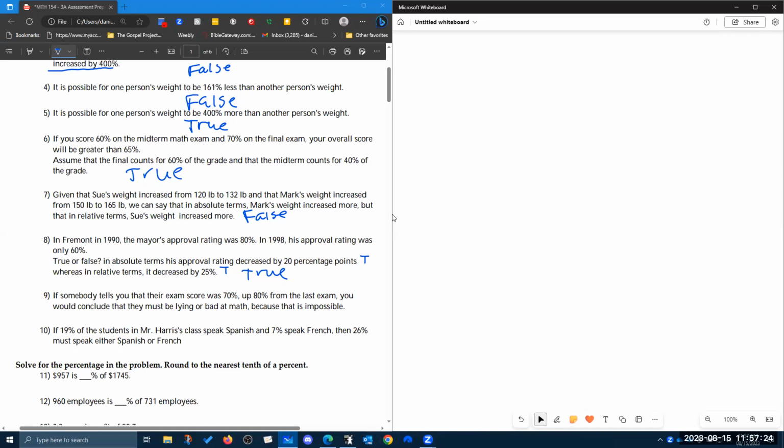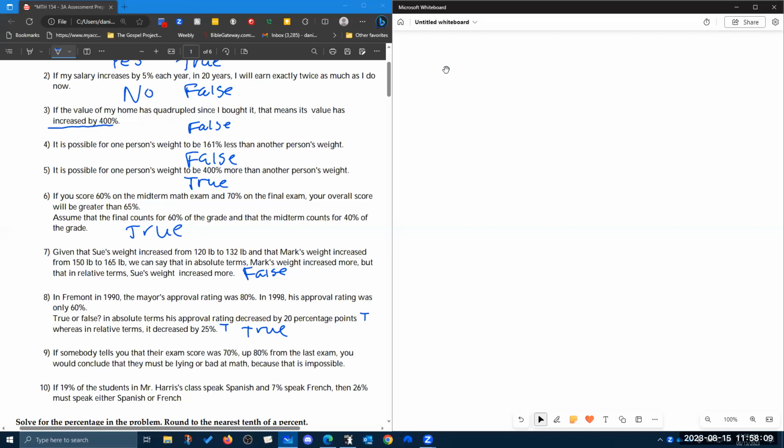If they're talking about an 80% increase, which would be strange for them to be talking that way, then they could be telling the truth. But it would be really strange for them to be talking about their grade of 70% as an 80% increase over their last score.